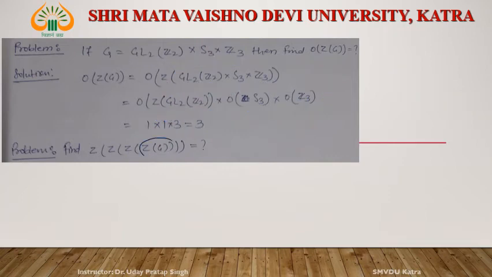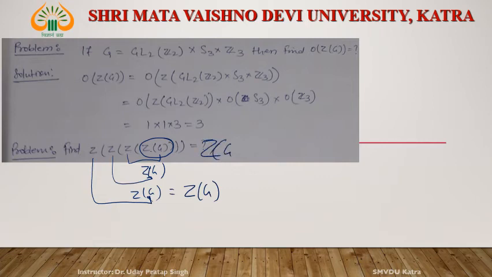What is this ZG? ZG is abelian. Then if ZG is abelian, then Z of ZG is also ZG. Now this Z of ZG is equal to ZG. It means the answer is ZG. Okay.